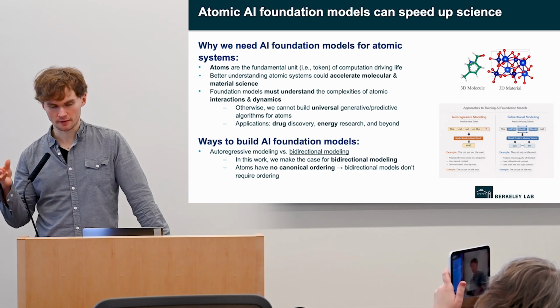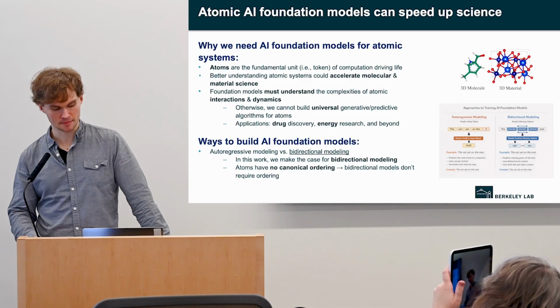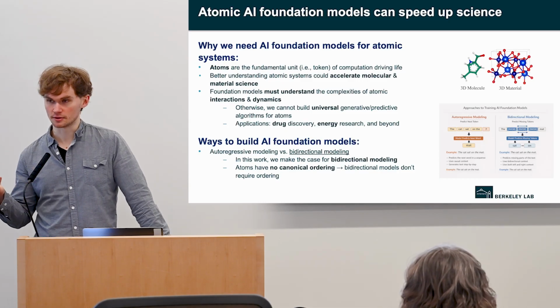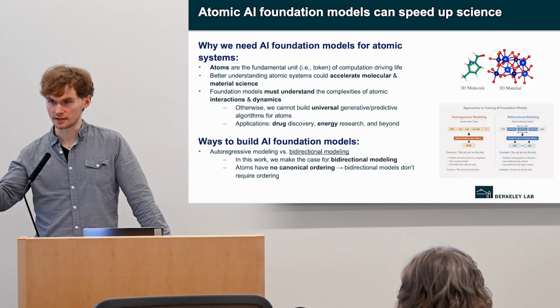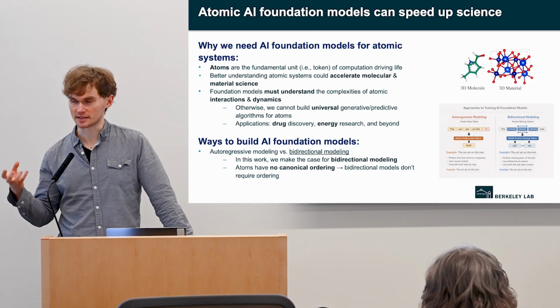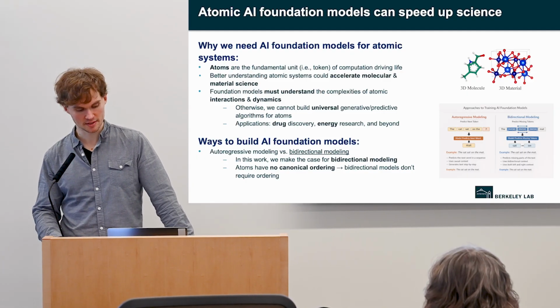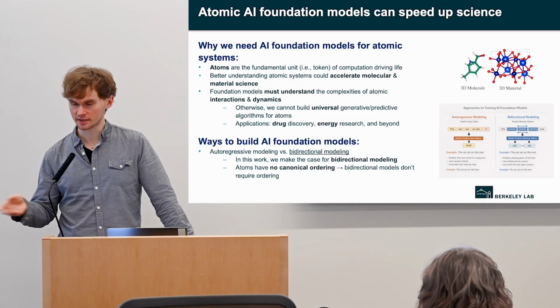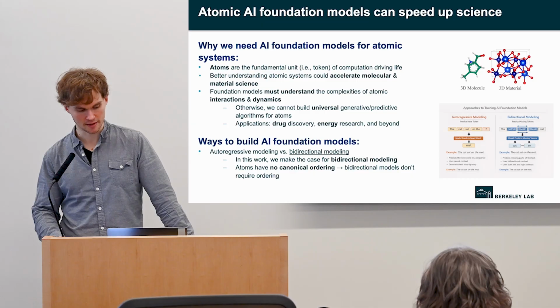And we have a foundation model that's trained on these collections of atoms that could be applied across a range of tasks. For example, it could be a universal generative and predictive algorithm. It could generate new molecules and materials. It can also predict properties of existing molecules and materials. It can share information across those different tasks. You could use this in drug discovery, energy research, and many other areas.